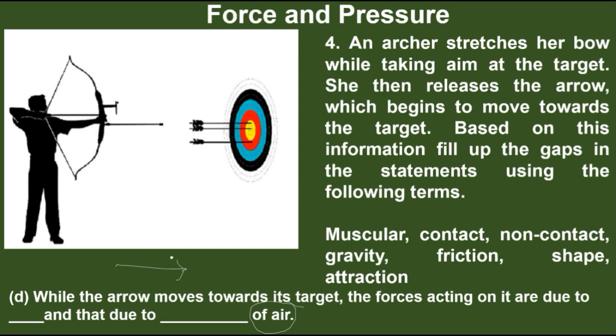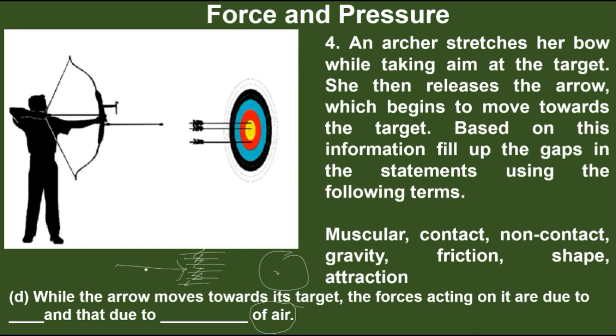Remember, there are two forces acting on it. Can you tell me which are those two forces? The arrow is not supported by anything. It's moving just in the air, and when it is moving in the air, it is rubbed with the air. The air is in the opposite direction, and it has to pierce through the air and hit the target.